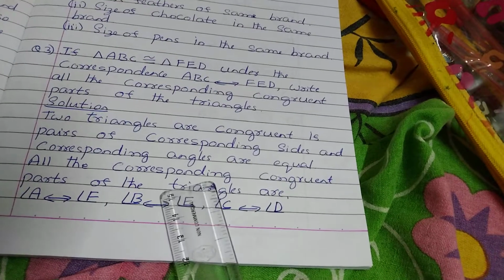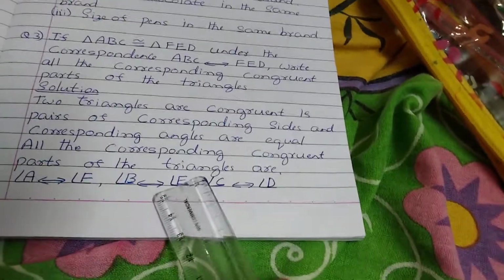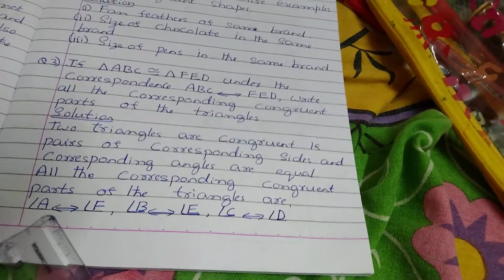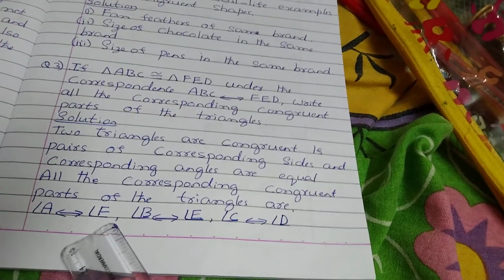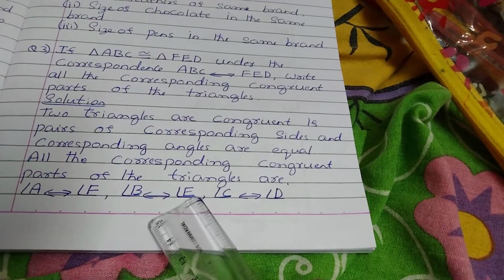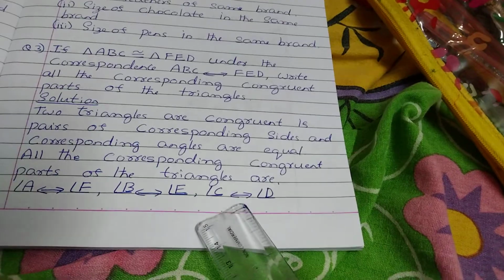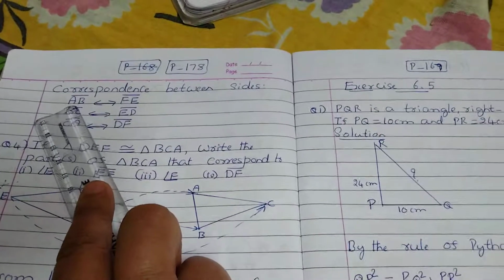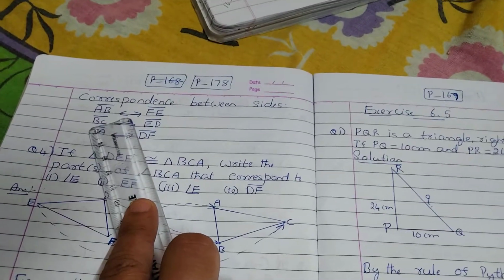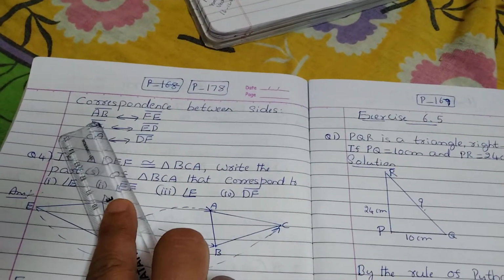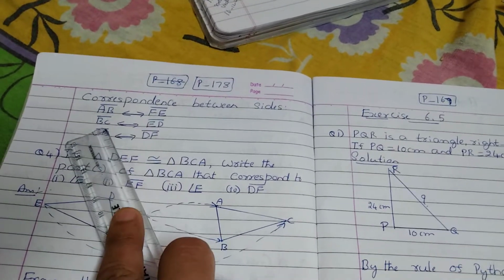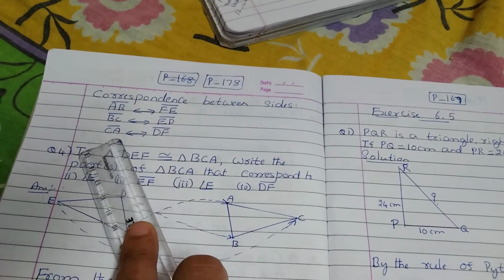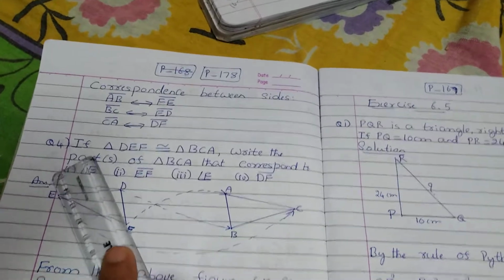So the corresponding congruent parts are: angle A corresponds to angle F, angle B to angle E, angle C to angle D. Correspondence between sides: this symbol we call correspondent. AB corresponds to FE, BC to ED, CA to DF.